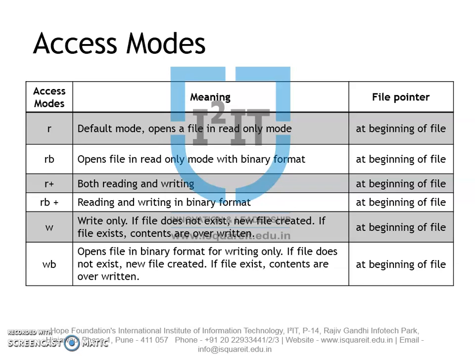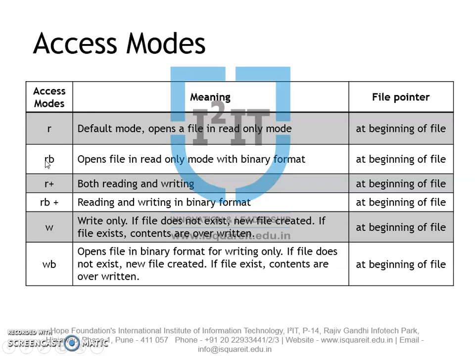So for example, the access mode is written as small r. Then this is a default mode. Even though we specify or not, this will be considered as a read mode. If r is specified as an access mode, then it opens a file in read only mode, and the pointer, that is file reading, will start from beginning of the file.